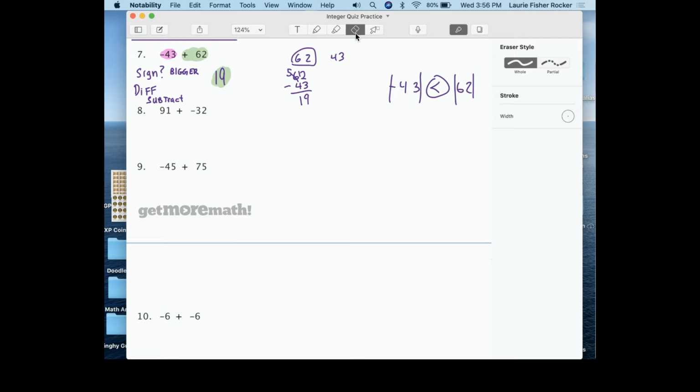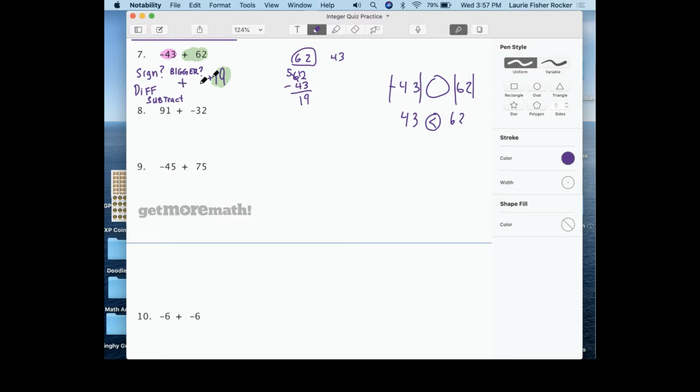Which one has a bigger absolute value? Well, in this case, it ends up being the same, 43, 62. But sometimes that idea reverses, okay? So which one had more? It was the positives that had more, so it's going to be positive 19. Okay, and so that's how that works. Yeah, I know that's kind of weird.